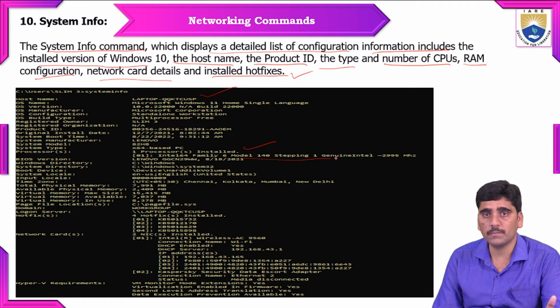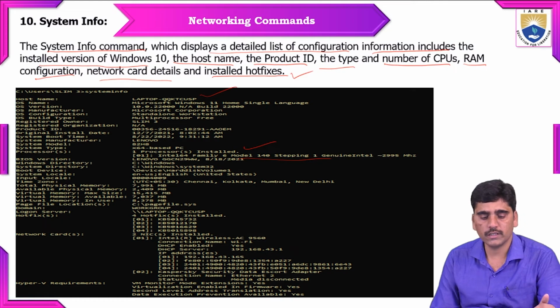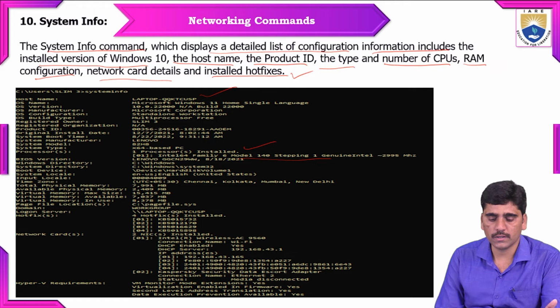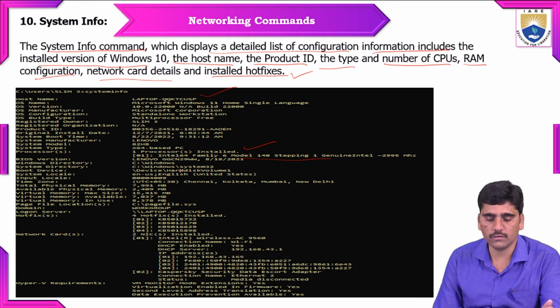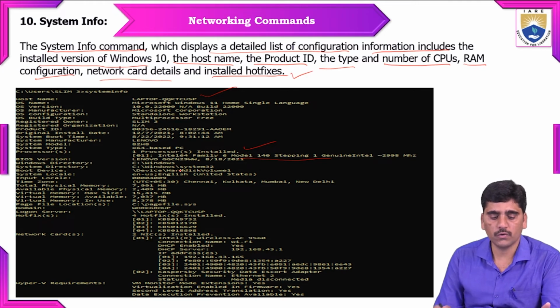The processor type, processor model, processor configuration it displays, BIOS version it displays, Lenovo GGCN and everything, Windows directory, boot device, system directory, system locale, input locale, total physical memory, how much total physical memory, available physical memory, virtual memory maximum size, virtual memory available size, page file location, domain, logon server, hotfixes, network cards, and Hyper-V requirements.